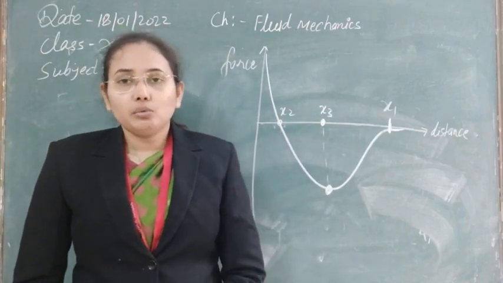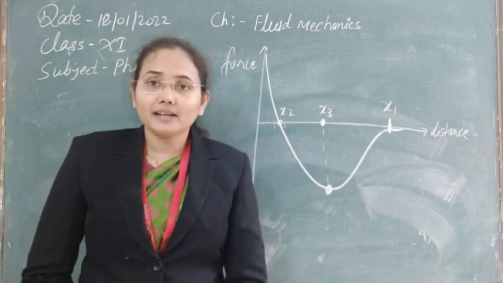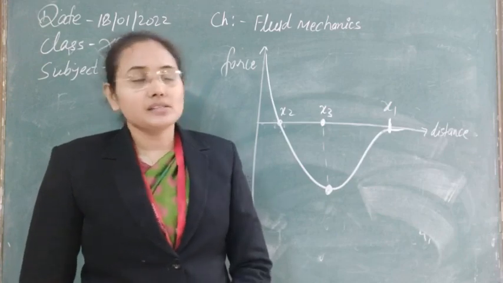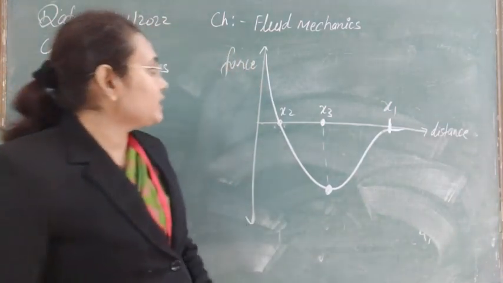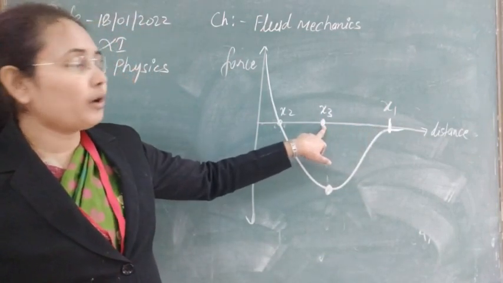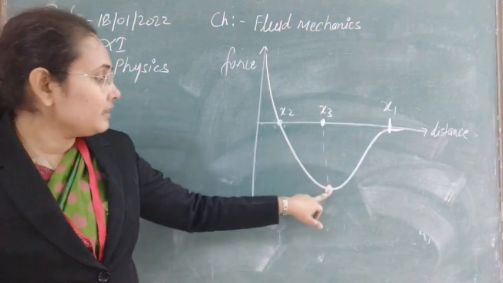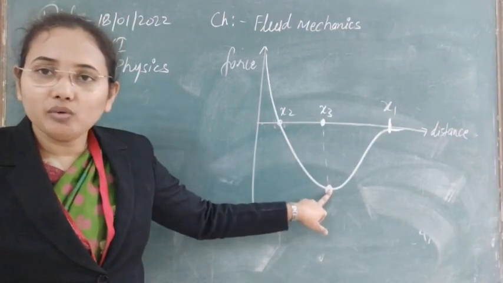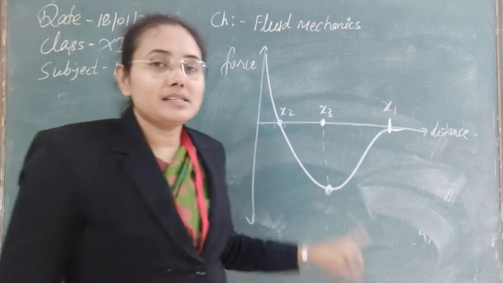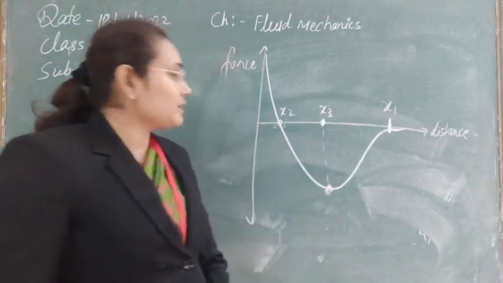So the two molecules start to interact and attract each other, and due to that their intermolecular separation starts to decrease. When the molecules reach the point x3, at the distance of x3 we can see the maximum value of the force of attraction. So up to a certain distance the force of attraction increases from x1 to x3.